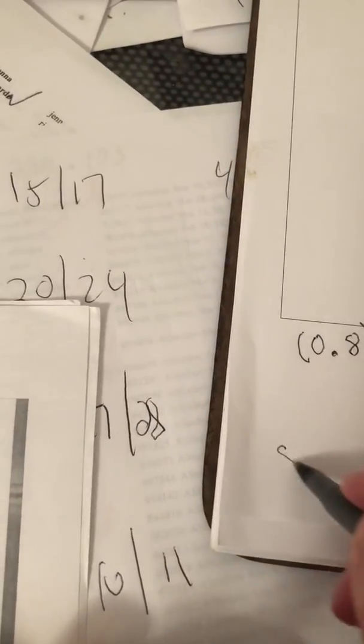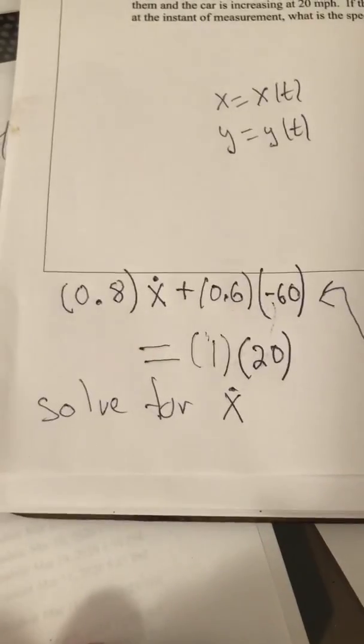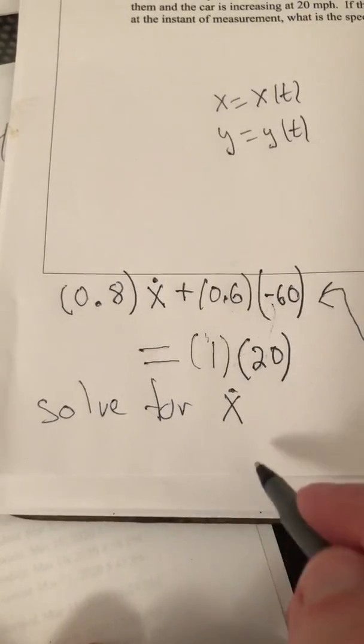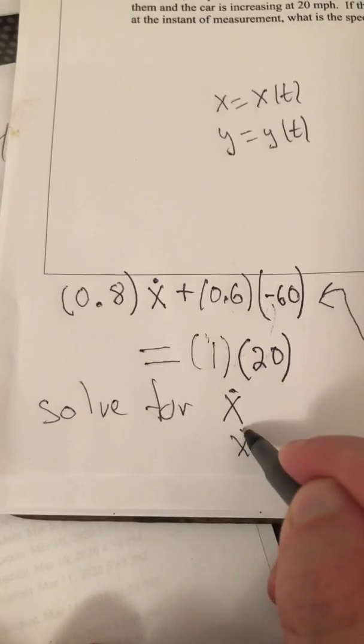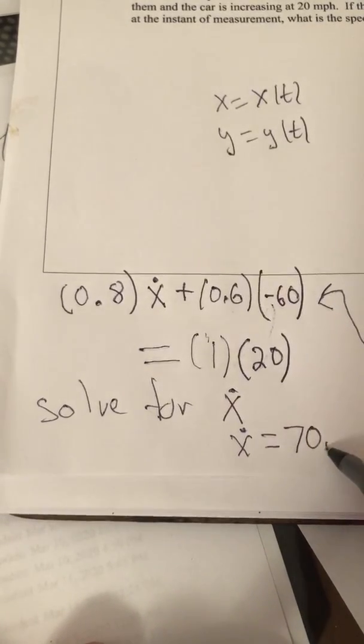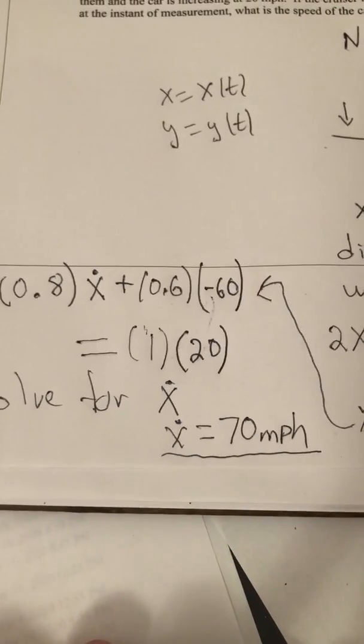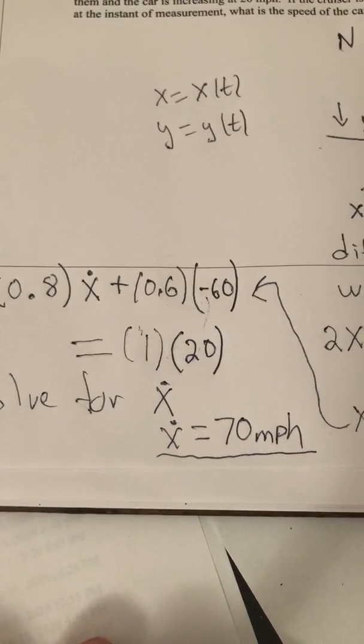So if you solve this equation for x dot, you're going to get a value of 70 miles per hour. So in other words, the bad guys are running away at 70 miles per hour.